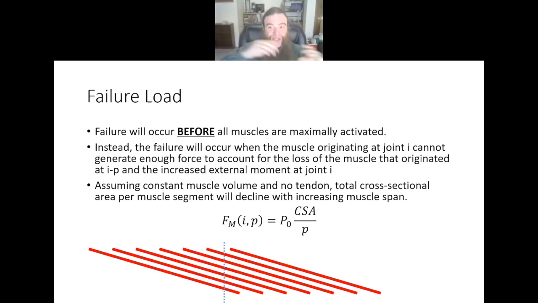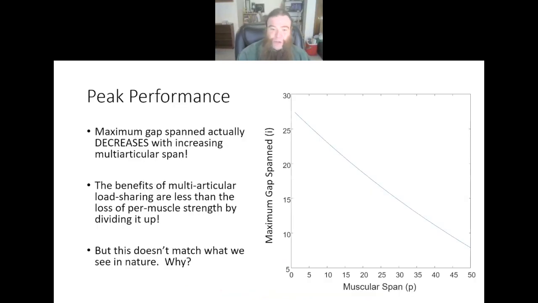If it's crossing two joints, it has to split that cross-sectional area into two. If it's crossing three joints, it has to split it into three, so on and so forth. And so we did a very simple version where the isometric force, P naught, of a muscle is force per cross-sectional area times the cross-sectional area divided by the span. So as you have more span, you have to divide your cross-sectional area up more in order to account for this. And so this should give us a reasonably good estimate of when failure occurs.